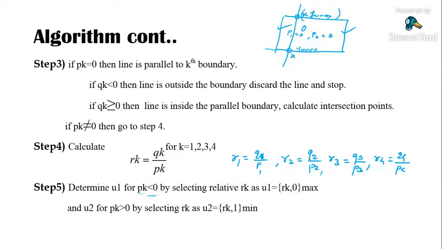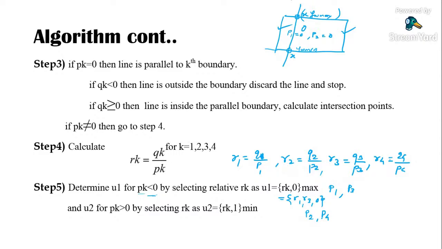Related r values you have to put into the set, so that if suppose p1 and p3 are minus, then you can take this as r1 comma r3 comma 0, and out of that you have to calculate the maximum value. And in case of finding u2, consider p of k greater than 0, means positive values. So if suppose p1 and p3 are negative, it means that p2 and p4 are positive, right?